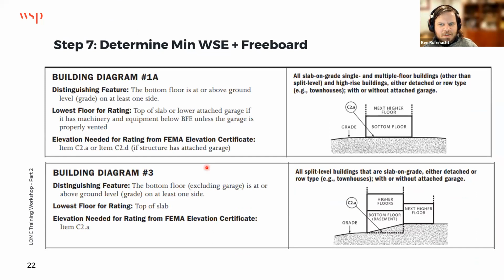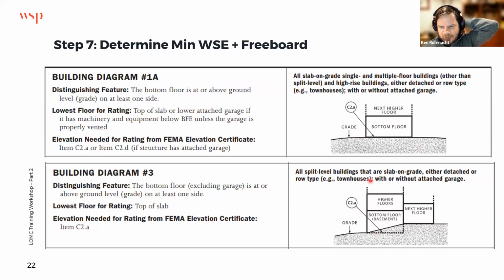Next, we want to make sure that we are building our structure up to a level that is a foot above, at least a foot above in Kansas, our base flood elevation. So we want to get our low adjacent grade elevation here.